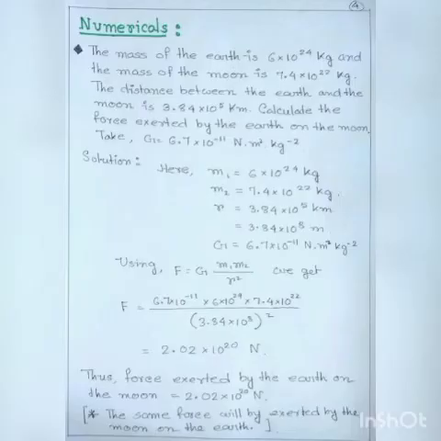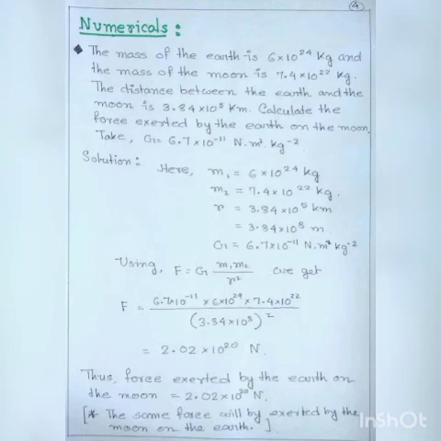Next, we will discuss a numerical related to the topic. The mass of the earth is 6 into 10 to the power 24 kg. Mass of the moon is 7.4 into 10 to the power 22 kg. The distance between the earth and the moon is 3.84 into 10 to the power 5 kilometer. Calculate the force exerted by the earth on the moon.